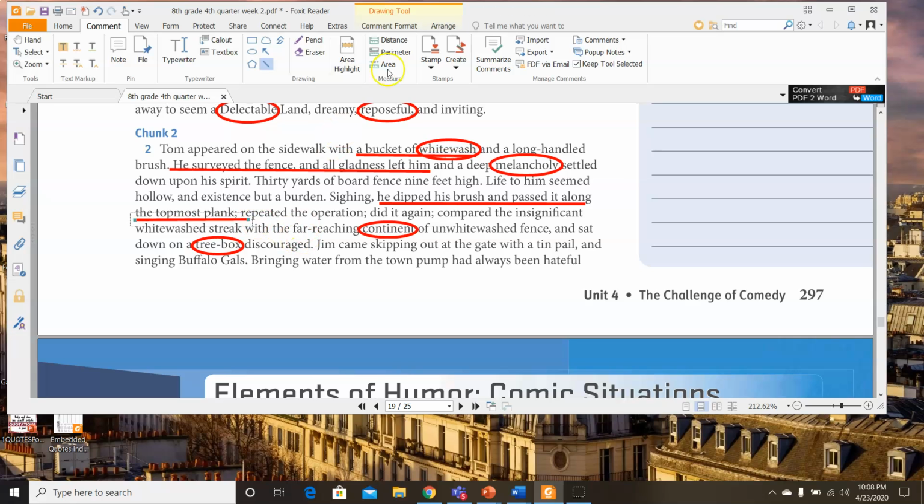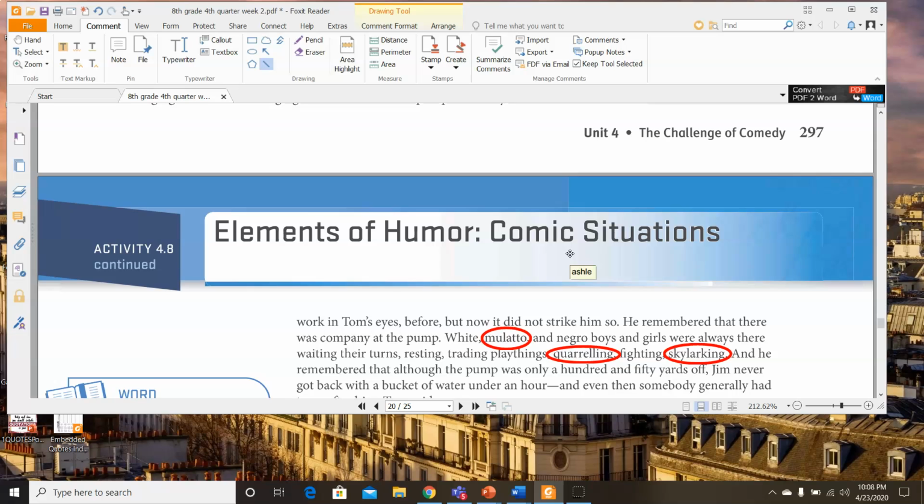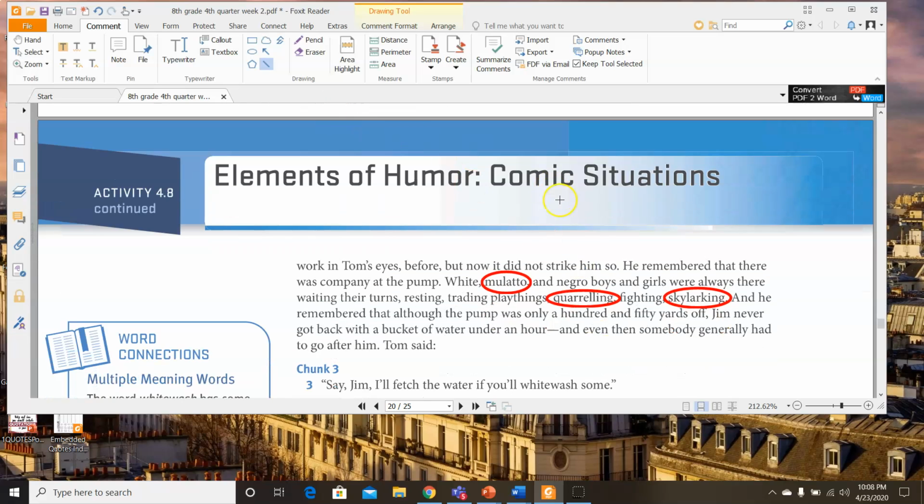And then he's looking at how much still needs to be whitewashed, sitting down, discouraged, after only a few strokes. Then Jim comes skipping out of the gate with a tin pail. And now Tom is thinking about how there's company at the pump and people to talk with and play with and trade toys with and all kinds of stuff.